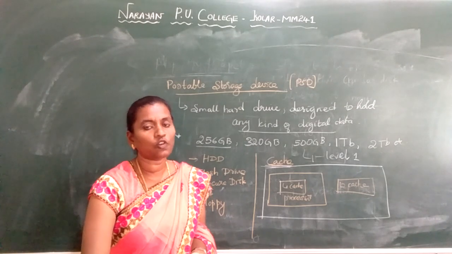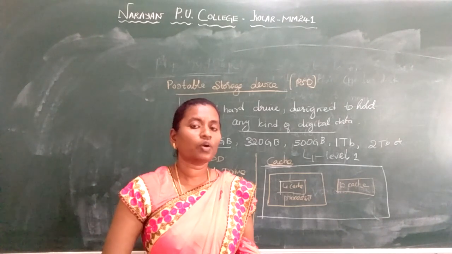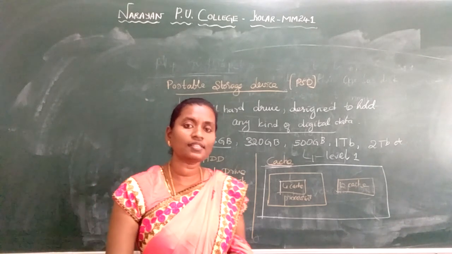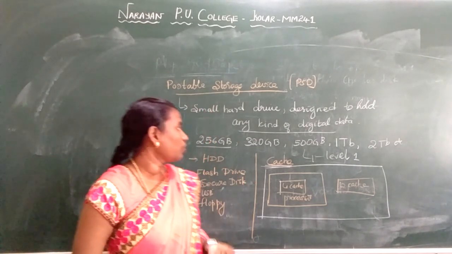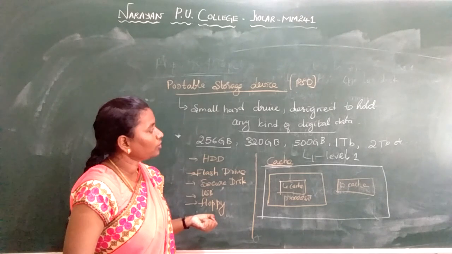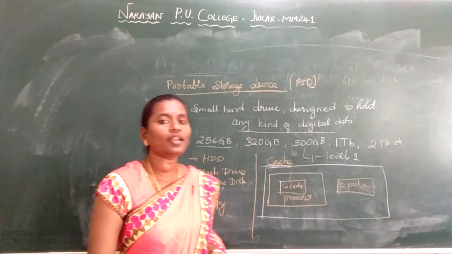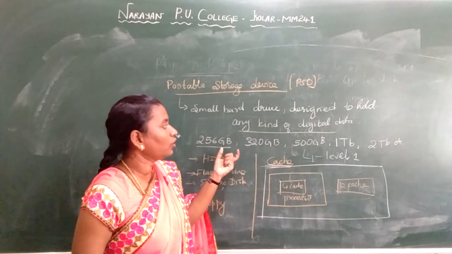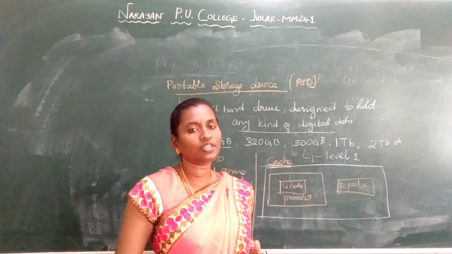Later we discussed floppy disks, magnetic disks, magnetic tapes, optical disks, and portable storage, also called PST. Portable storage is a small hard drive designed to hold any kind of digital data.